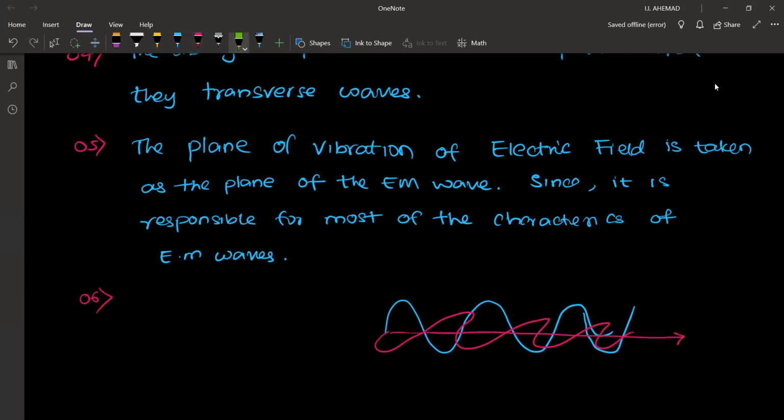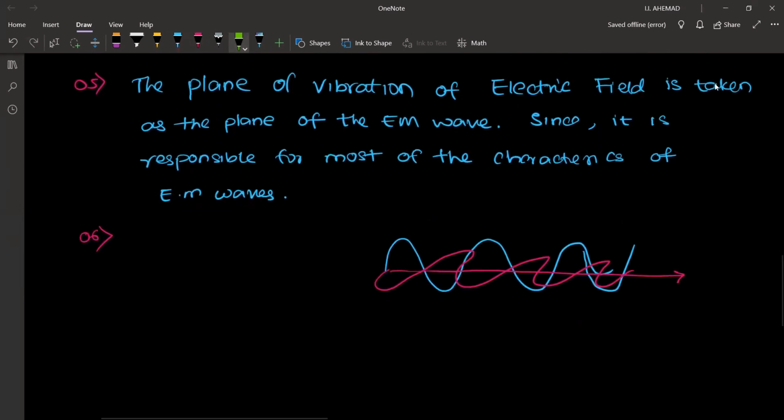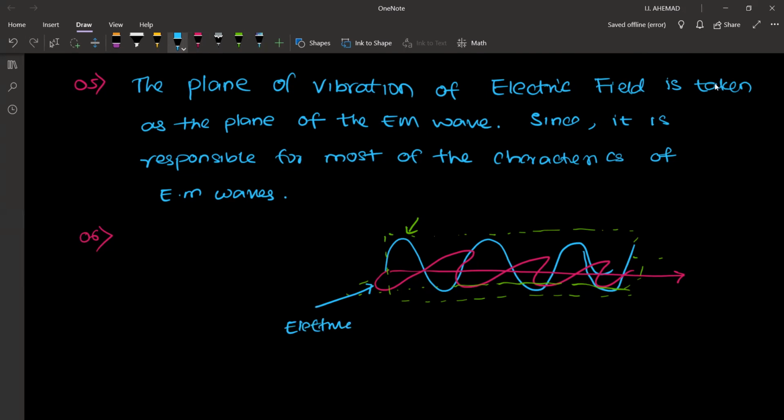Now, this is one plane. This is the vertical plane in this case, and the other one is the horizontal plane. In the horizontal plane, let's say this is my electric field. So my electric field is in the horizontal plane and my magnetic field is in the vertical plane.